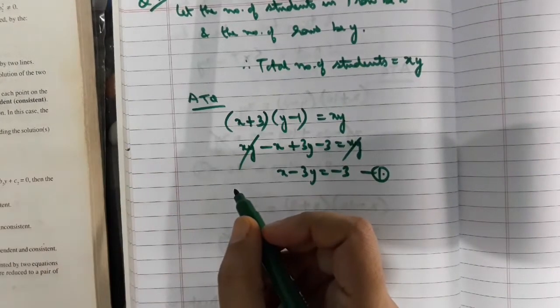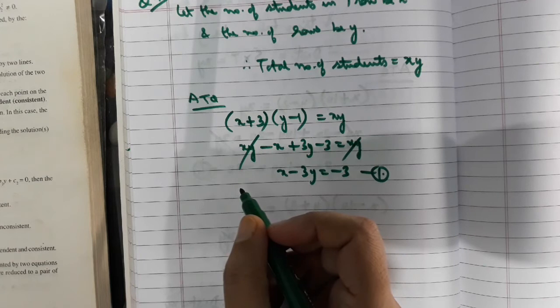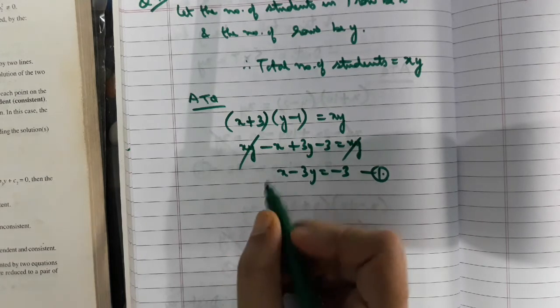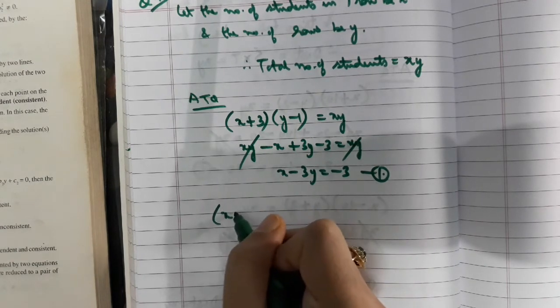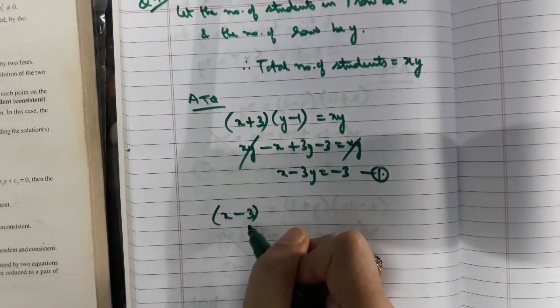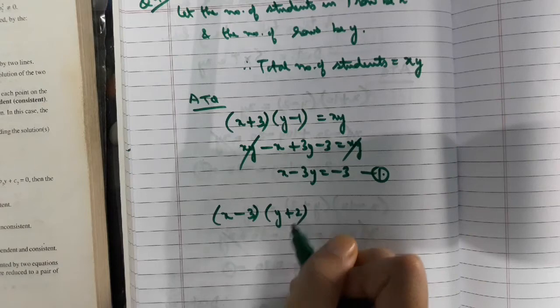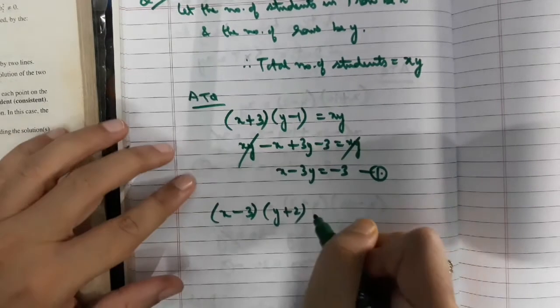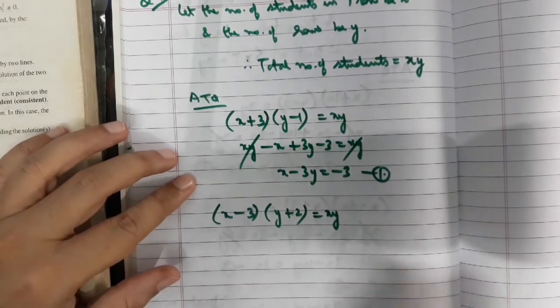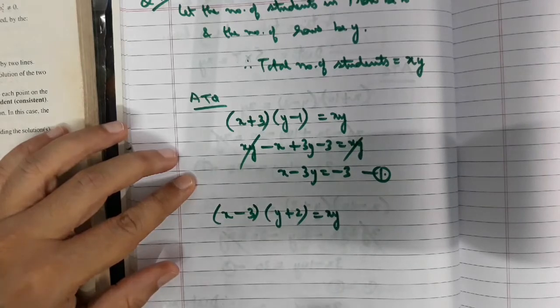Further, if 3 students are less in a row, now the number of students in one row would be x minus 3. There would be 2 more rows, so the number of rows increases by 2. So this is equal to xy, since the number of students will remain the same.